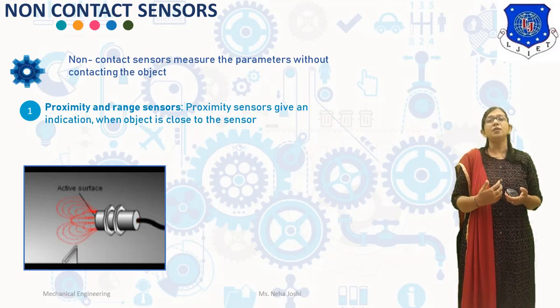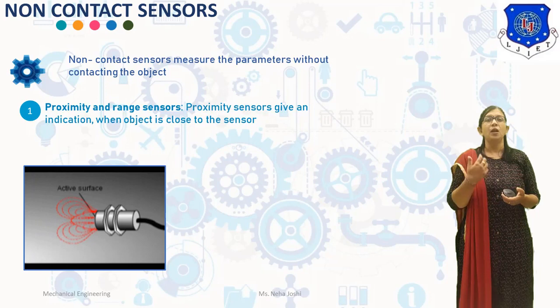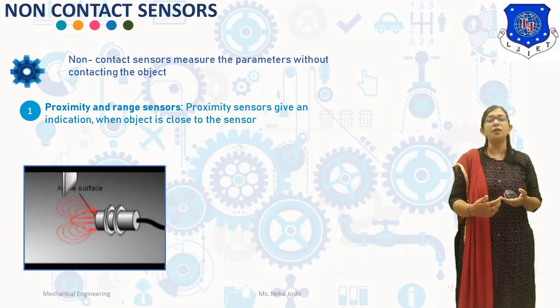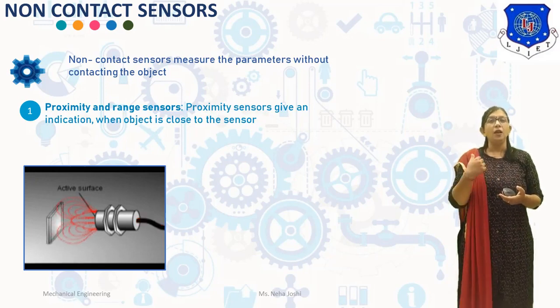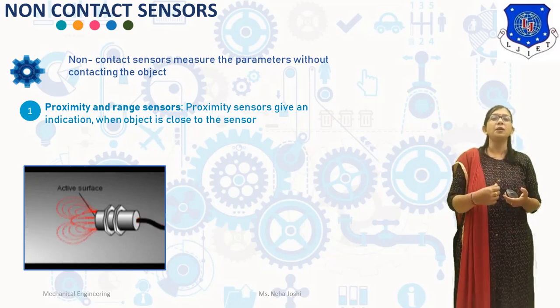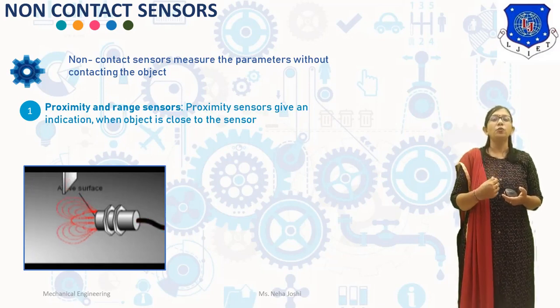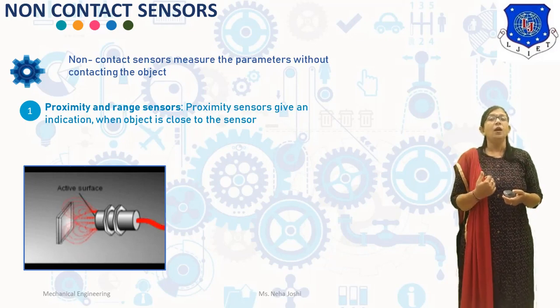Range sensors are used to measure the distance between the object and the sensor. The various techniques used in proximity and range sensors are optical devices, acoustic, eddy current, magnetic field. Here you can see the working of proximity and range sensor, which gives signal to the controller according to the distance between the object and sensor.